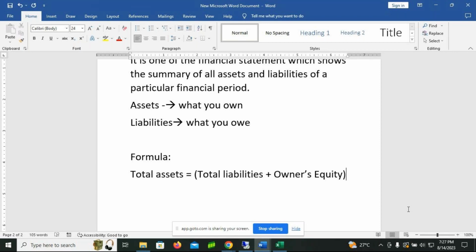So the balance sheet is going to show the present situation till date. So till today, whatever is happening. The income statement shows the financial performance of a particular period. So when is a balance sheet prepared?